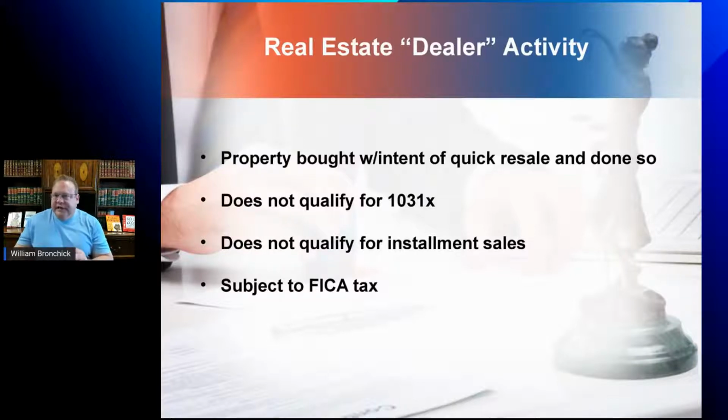If it was truly a short-term capital gain property, where you bought it in February, fixed it up a little bit, intended to rent it, and then got lucky 6 months later when someone made you a crazy offer and you sold it, could that qualify for an exchange? Yes, it can. But if you do that over and over again, you're not that lucky. The IRS auditor is going to say, no, you're not that lucky that it happens all the time.